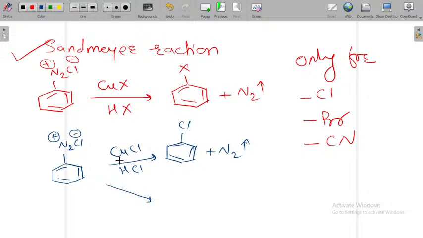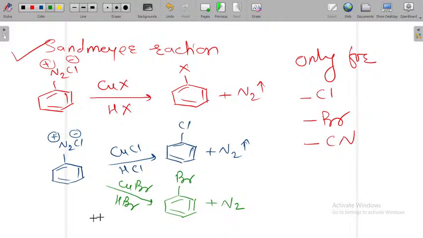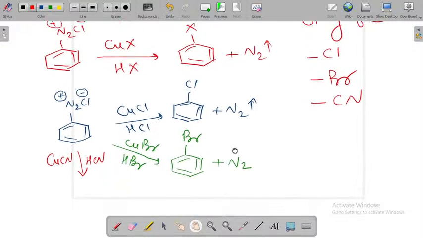The same compound, when reacted with copper bromide, CuBr, in presence of HBr, gives bromobenzene and N2. The same compound, when reacted with copper cyanide, CuCN, in presence of hydrogen cyanide, again gives you cyanobenzene.